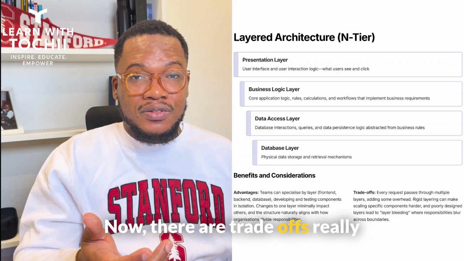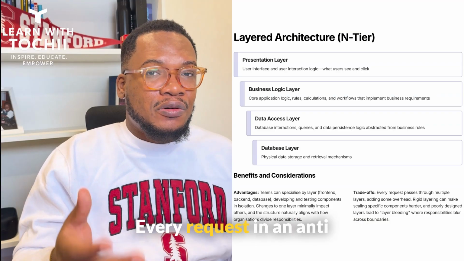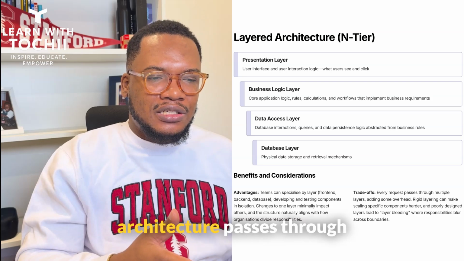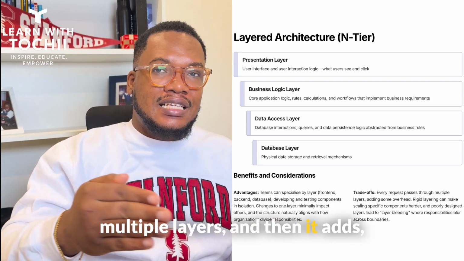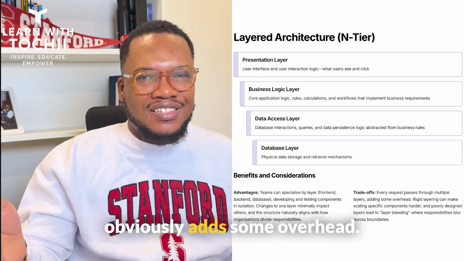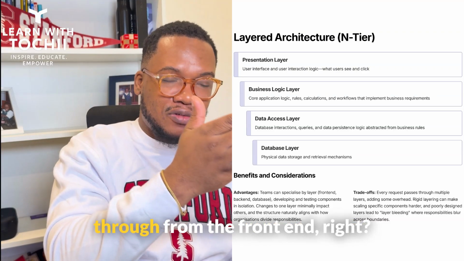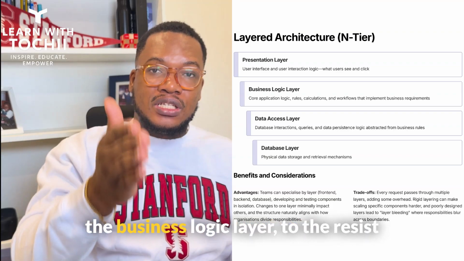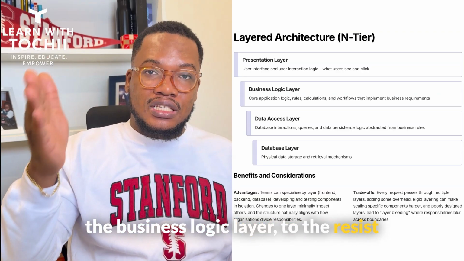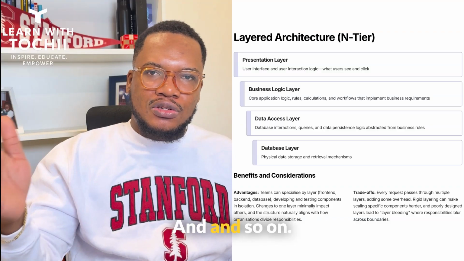And these are the strengths that we talk about when we talk about the N-tier architecture. Now there are trade-offs when it comes to N-tier architecture. Every request in an N-tier architecture passes through multiple layers, and that obviously adds some overhead, right? Because every request will go from the front end, that is the presentation layer, to the business logic layer, to the database layer, and so on.